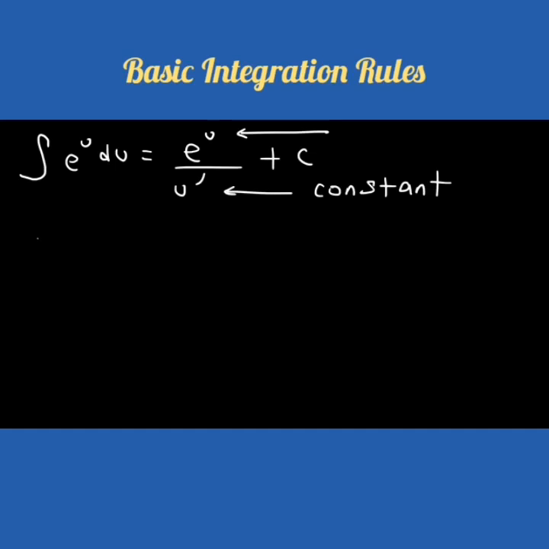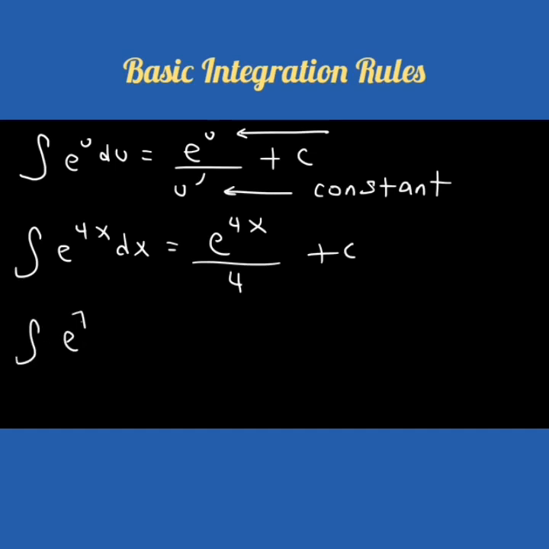So, for example, e raised to 4x dx. So, magiging e raised to 4x, then the derivative of 4x is 4. Ayan. Then, plus c.